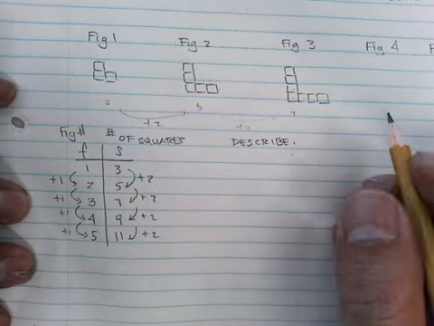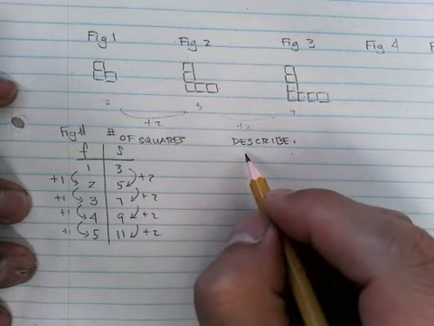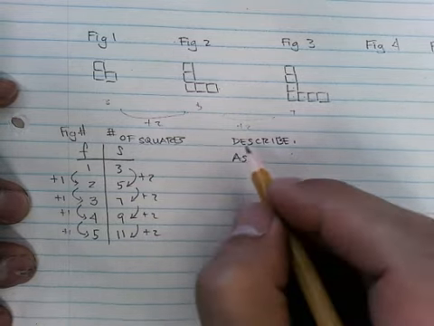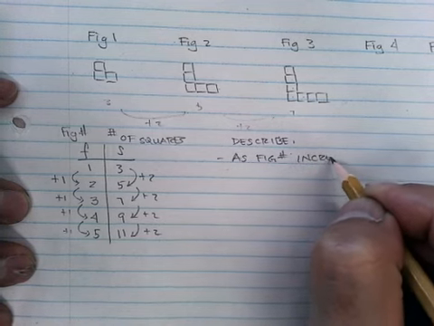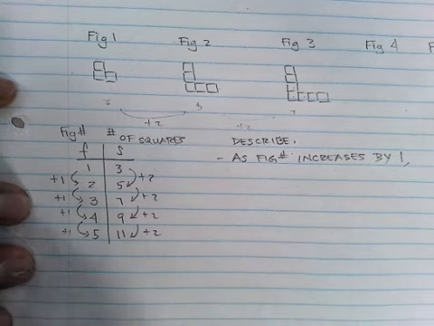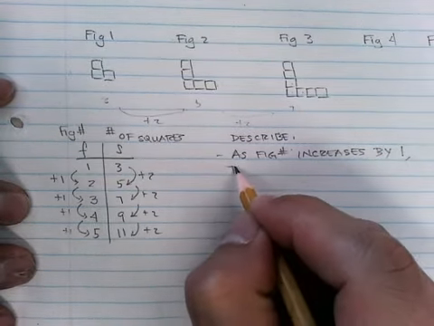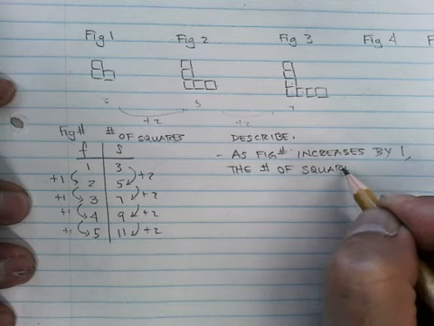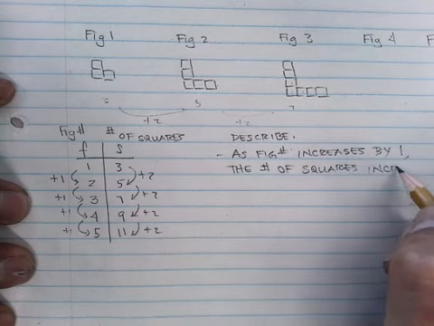This is the easiest way to describe a linear pattern: as figure number increases by 1, the number of squares increases by 2.